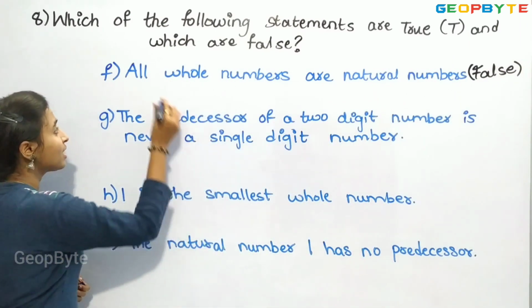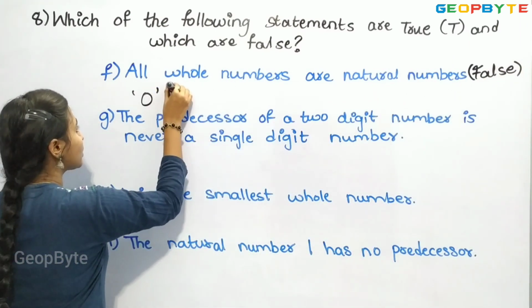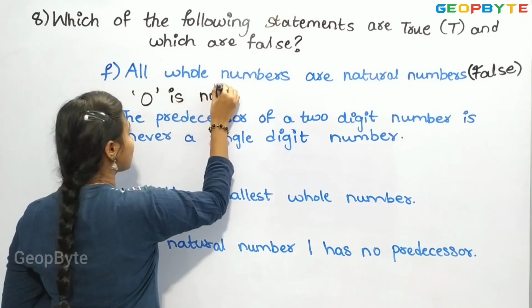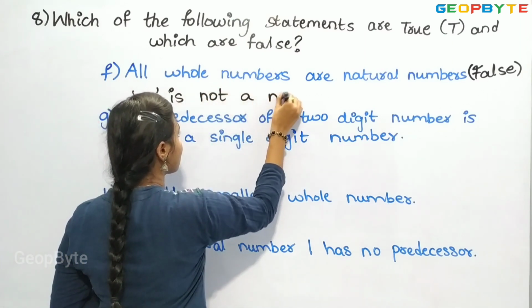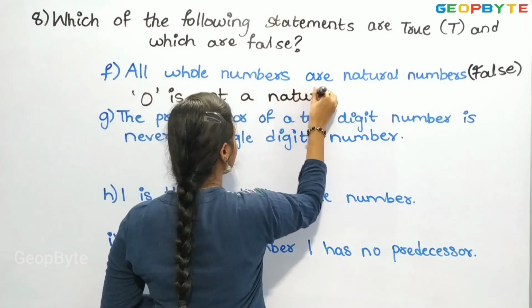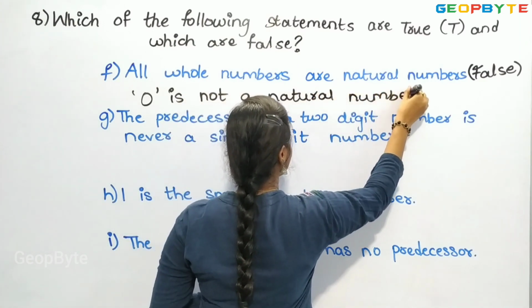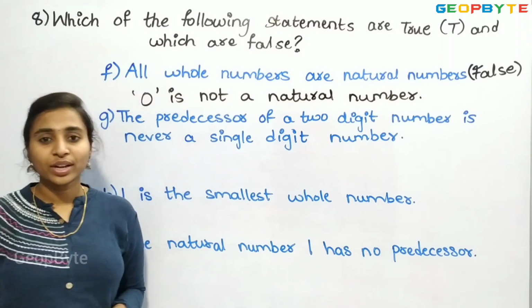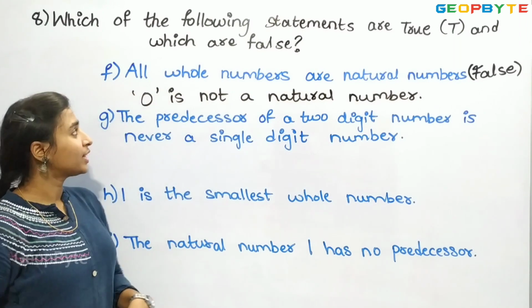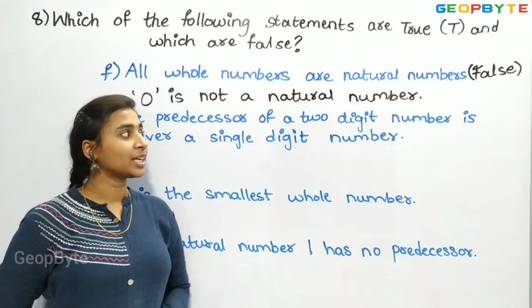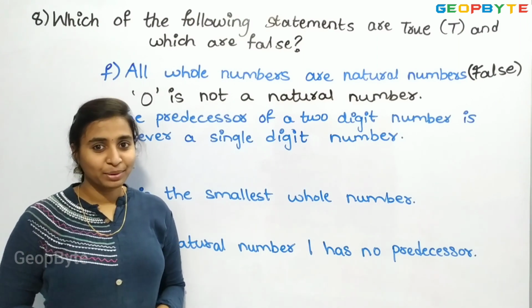The reason is 0 is not a natural number. Right? 0 is not a natural number. That is why all whole numbers are not natural numbers.